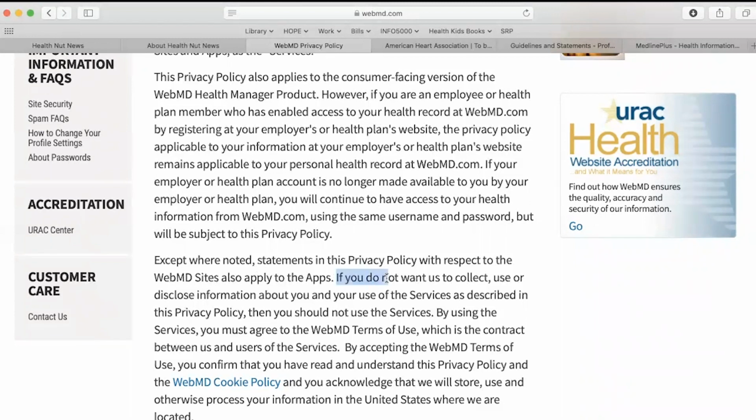But they say, if you don't want us to collect or use or disclose information about you or use of the services as described in the policy, you should not use this service. So in this case, this website is harvesting, is collecting what you're searching. So if you're comfortable with that, then you can move forward with this website.